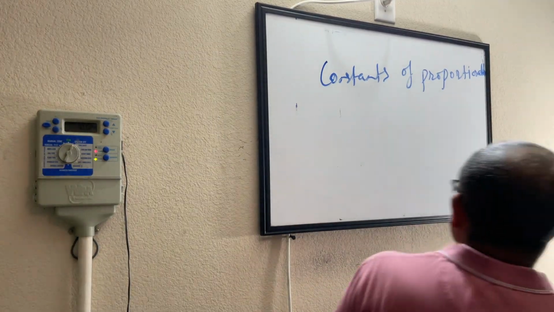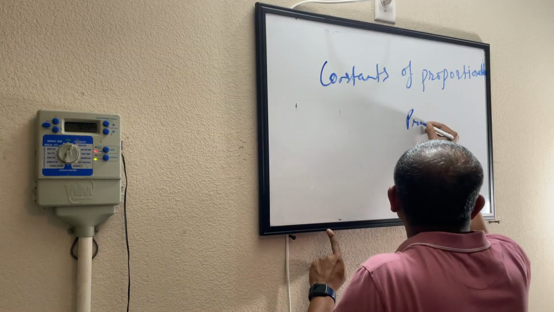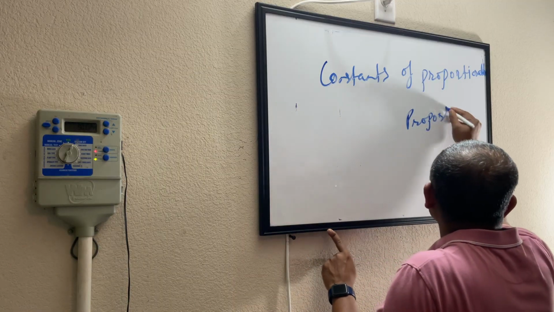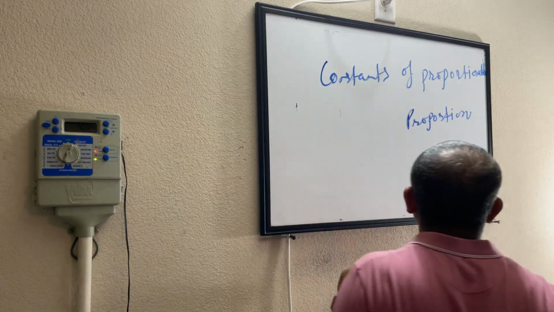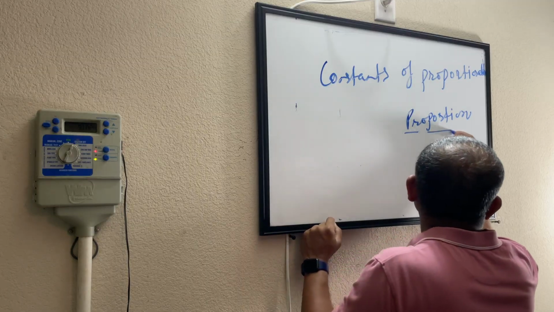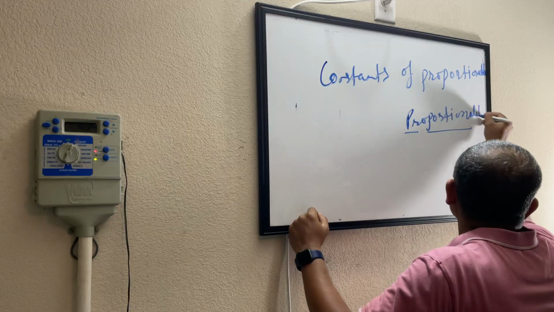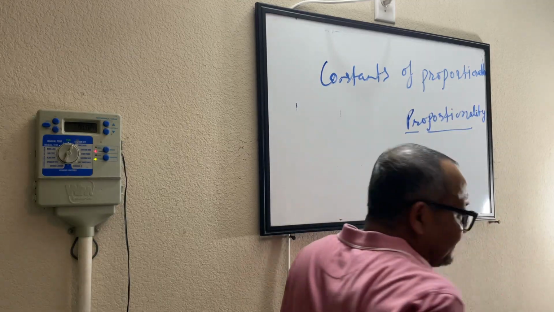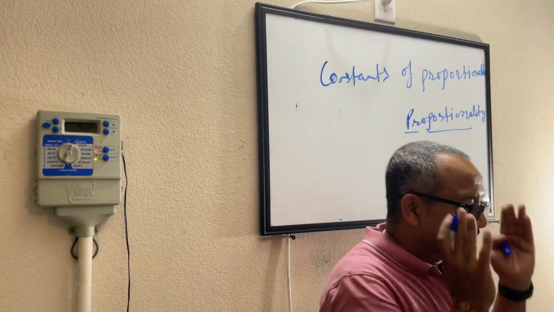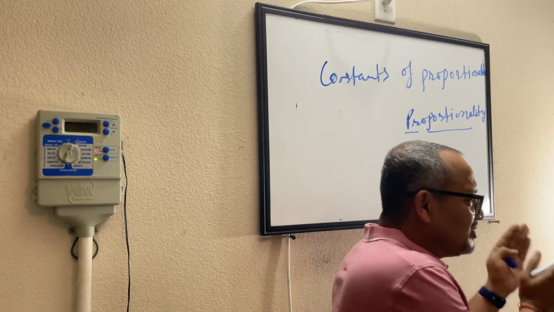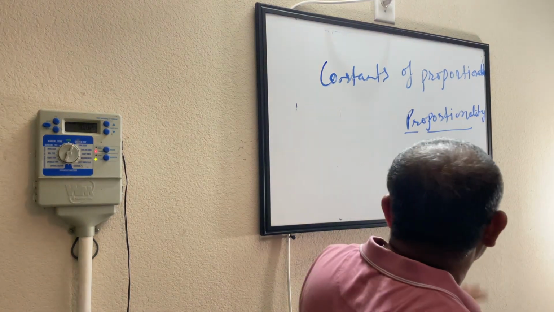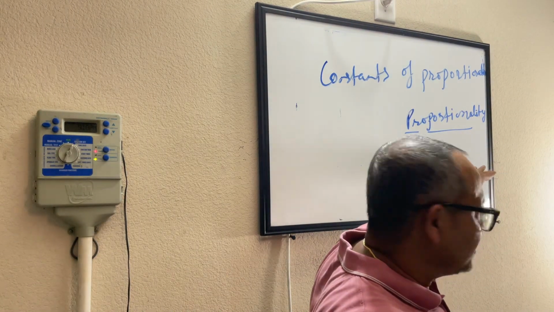There is something called proportion. Like when you say nationality, right? There is a nation in it. So somebody who is belonging to that nation is? Yes or no?